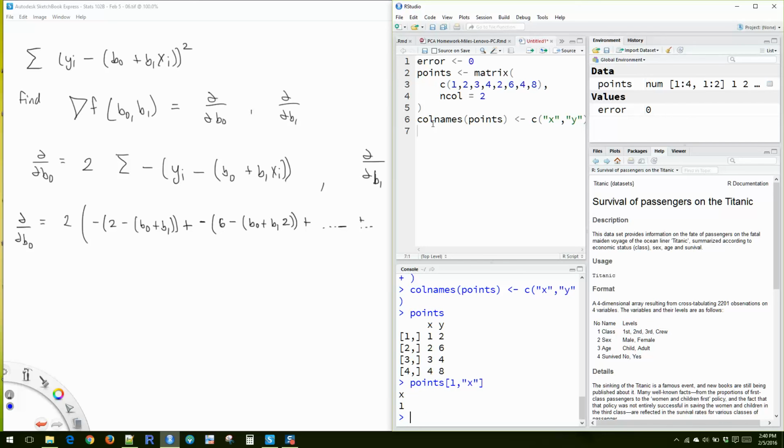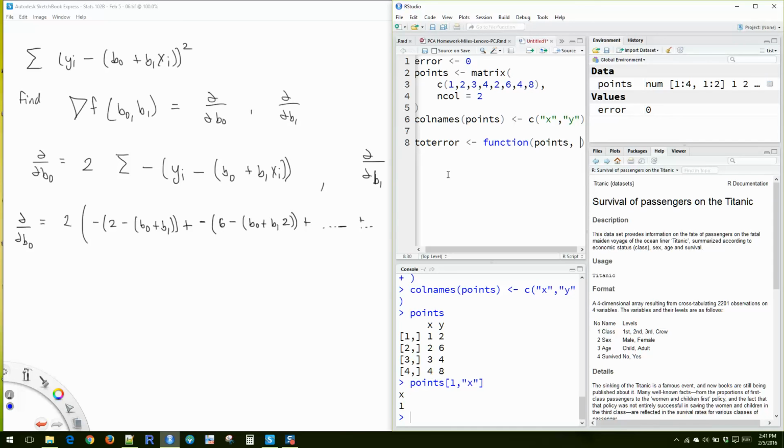All right, so we're going to define a function called error. The total error is going to be a function of our points matrix and our values b0 and b1.